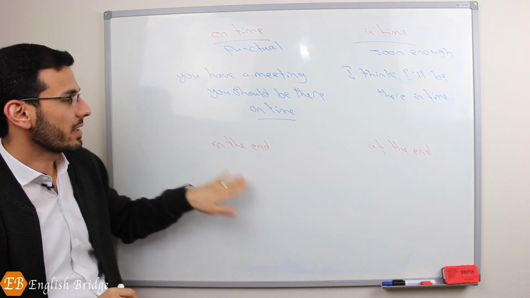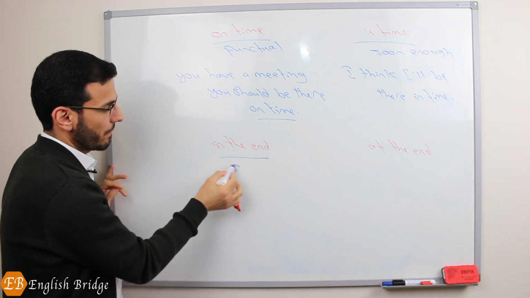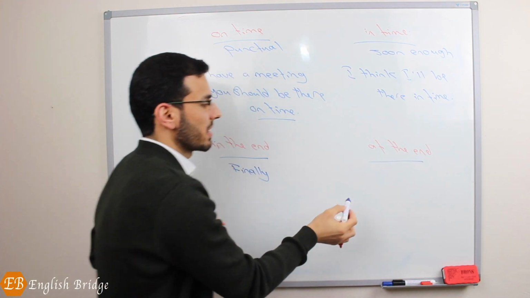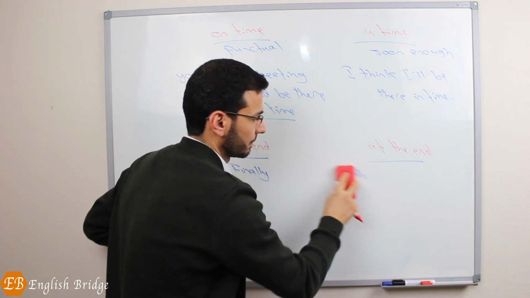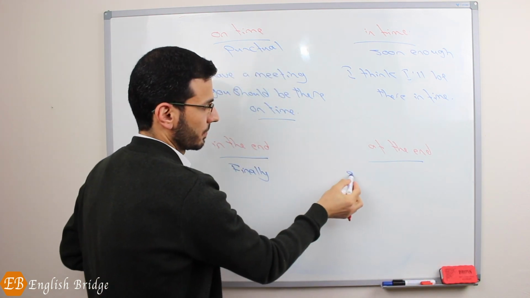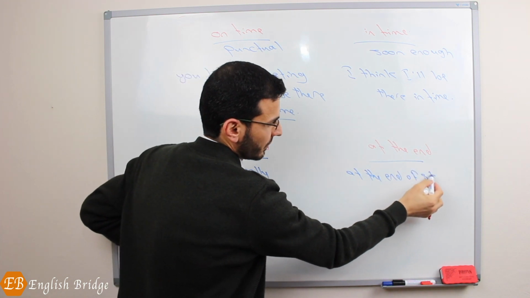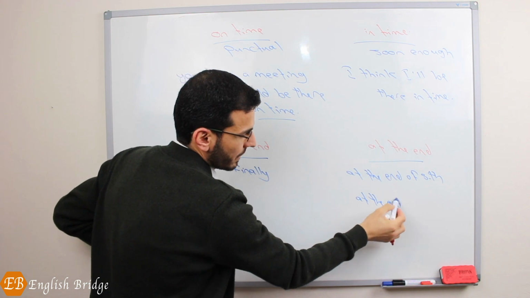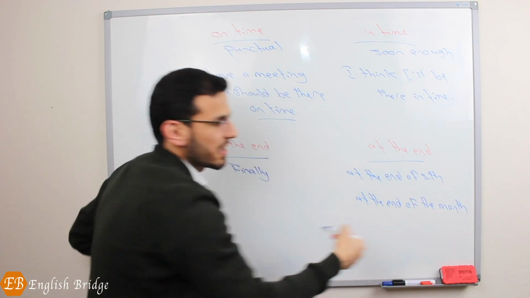Next ones are in the end, at the end. Now, in the end means finally. At the end means at the end of something. For example, we say at the end of the month, which means the last few days of the month.